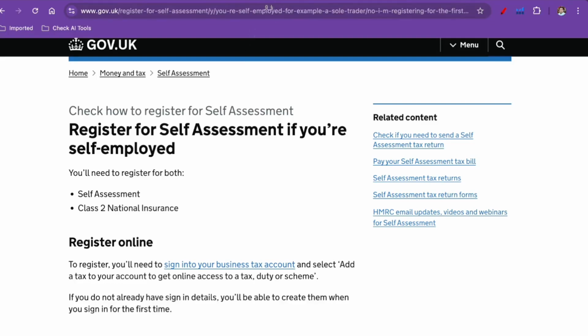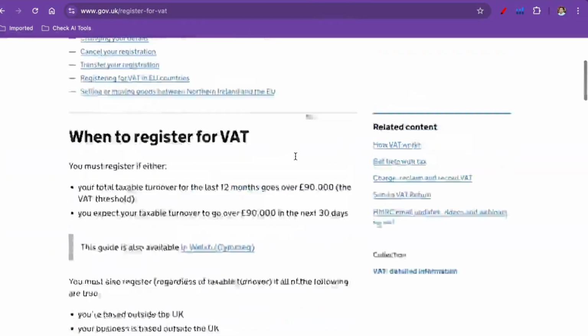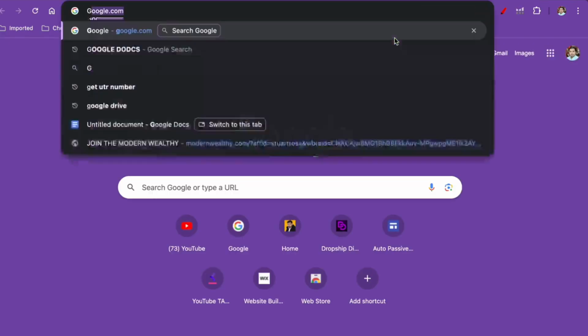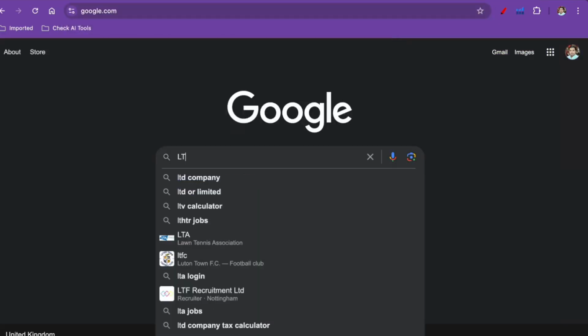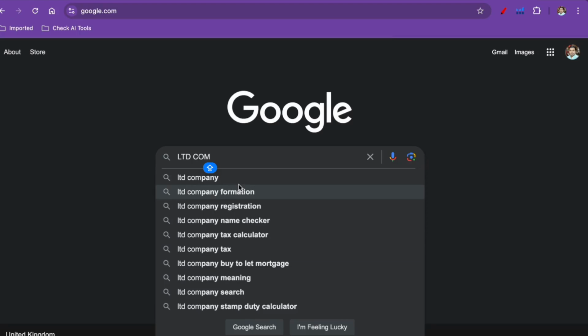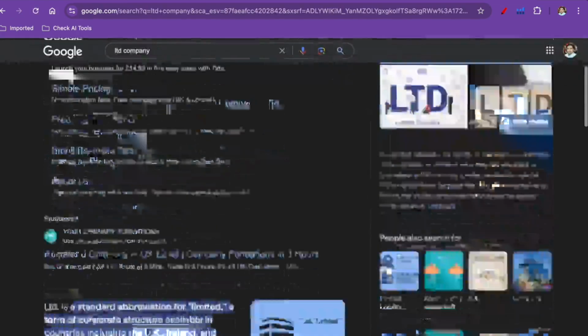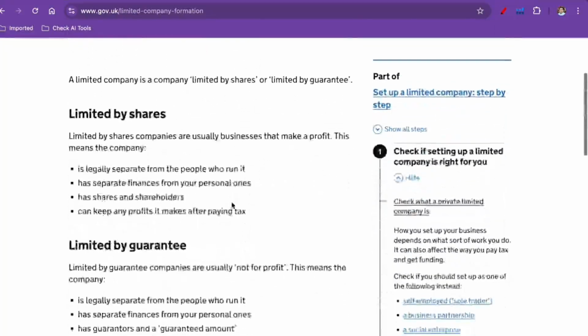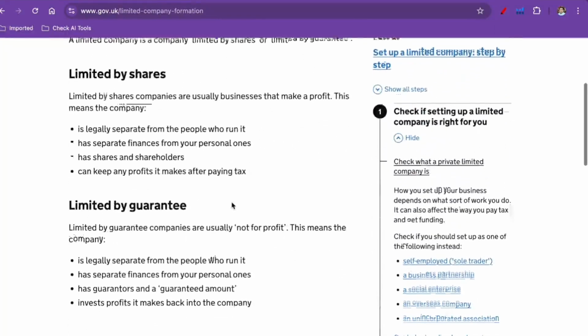But once you register a limited company, it is normally a better idea because you're going to have fewer liabilities on you. If you register a limited company, then this is normally a separate entity.